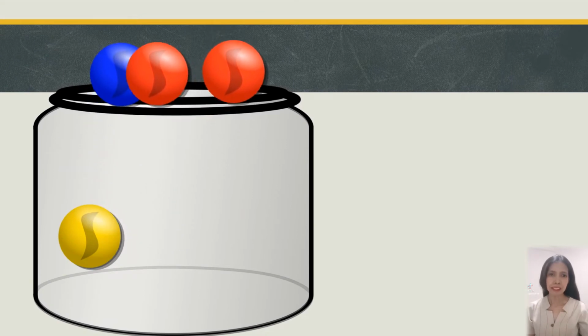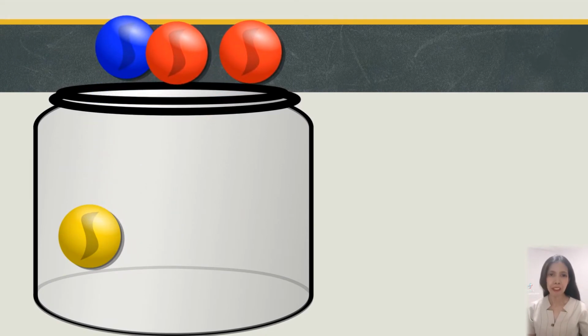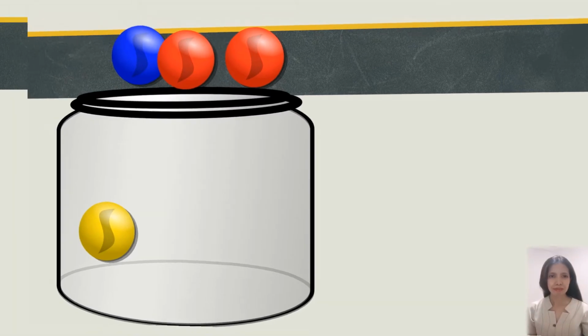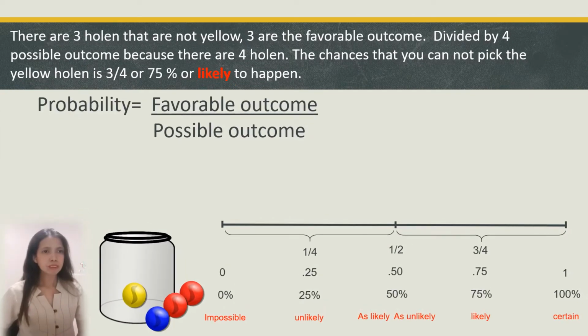What is the chance in picking a red or blue marble? There are 3 marbles that are not yellow. 3 are the favorable outcome, divided by 4 possible outcomes because there are 4 marbles. The chance that you can pick a marble that is not yellow is 3/4 or 75%, or likely to happen.